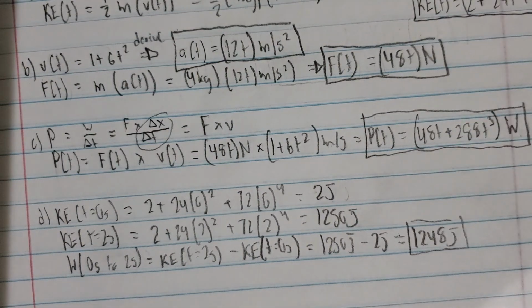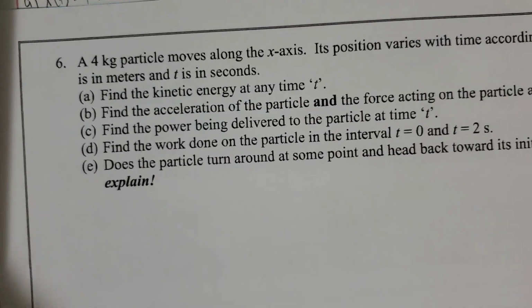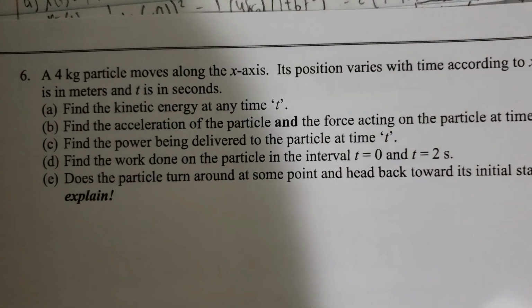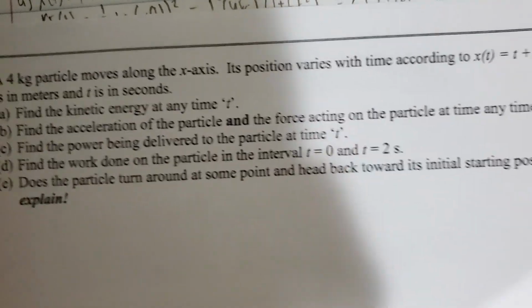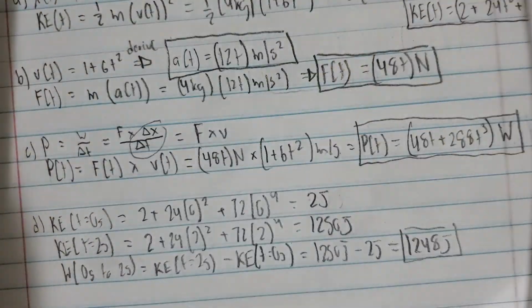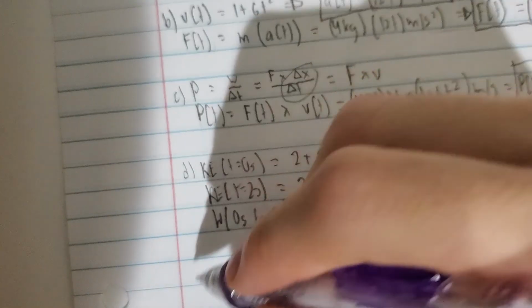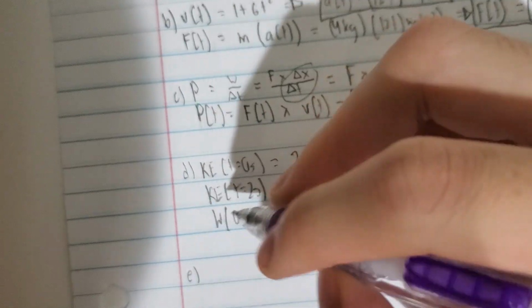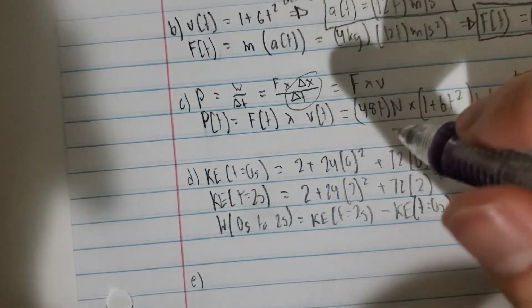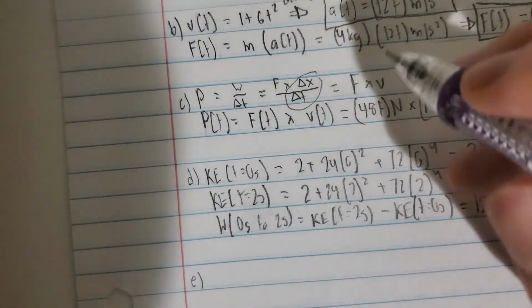Alright, now part E asks, does the particle turn around at some point and head back to the original position, and clearly explain why. So if I'm looking at whether the particle turns or not, I'm going to be looking at my velocity function.